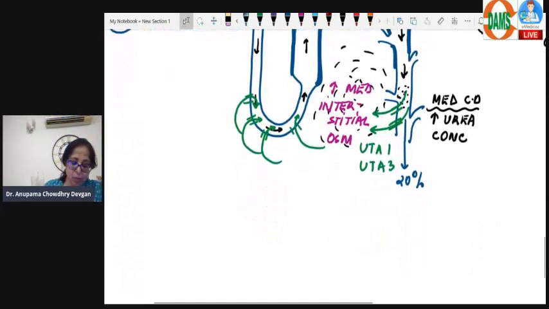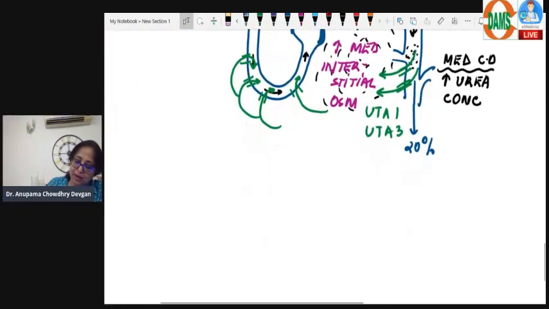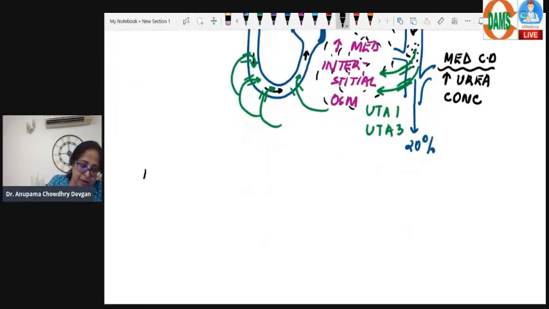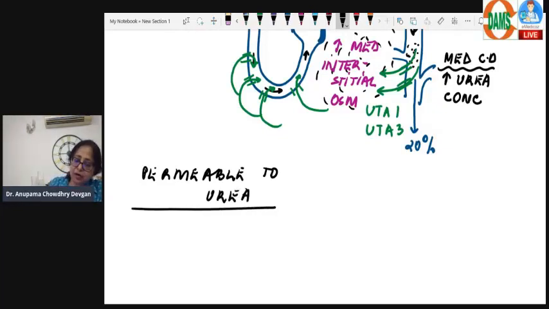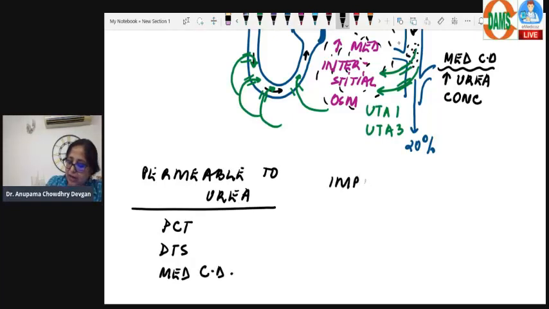Yes, important points. Which parts of the nephron are permeable to urea? PCT, descending thin segment, and the medullary collecting duct. Which are impermeable to urea?